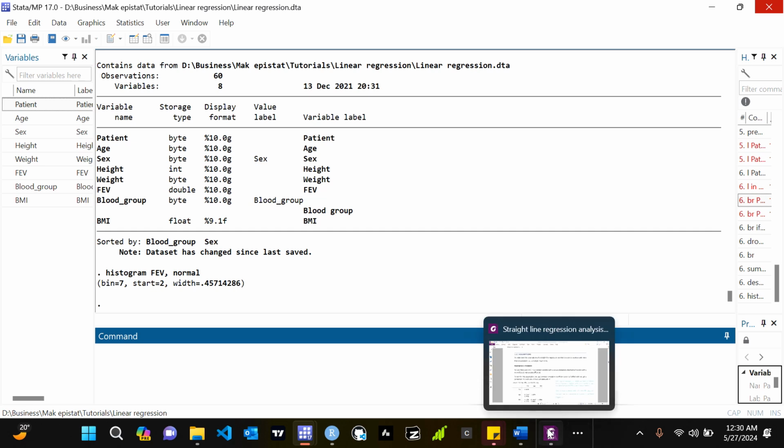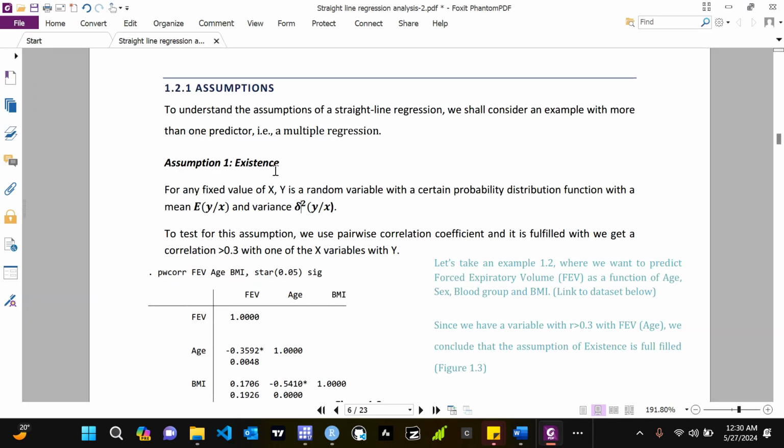We shall see. So first of all, the first assumption, and this is the biggest or the most important assumption, is existence. For existence, for any fixed value of x, y is a random variable with a certain probability distribution with the mean of y of x and variance sigma.